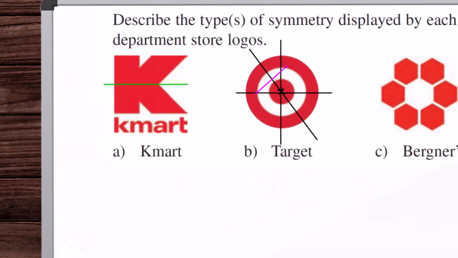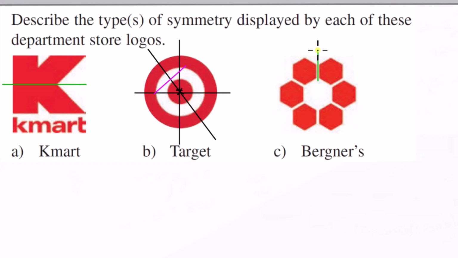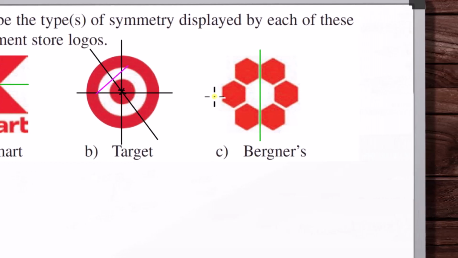Now here we've got a vertical line of symmetry, a horizontal line of symmetry. I think there would be a point of symmetry at the center here. Let's see. Yeah, a point of symmetry, and then let's see.